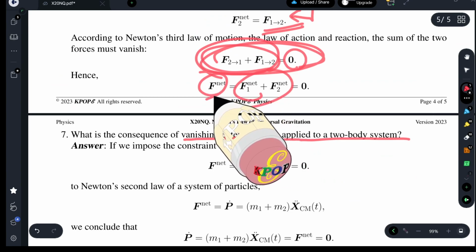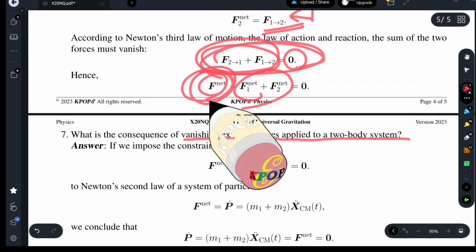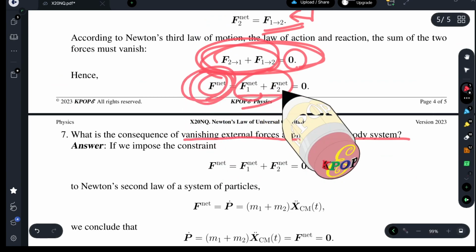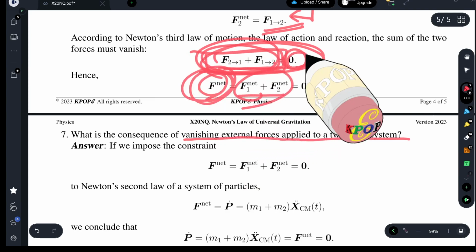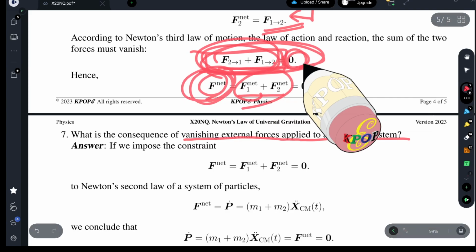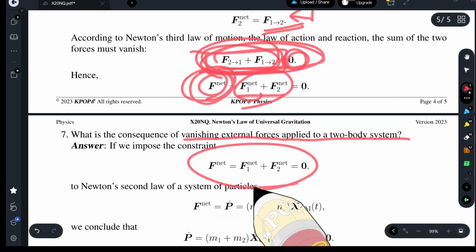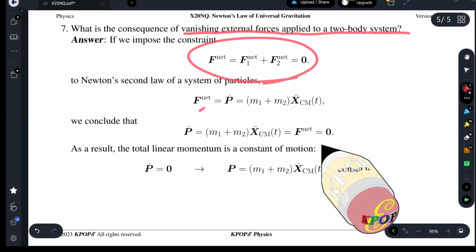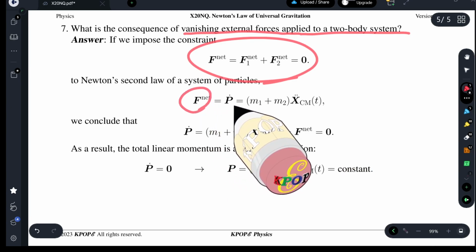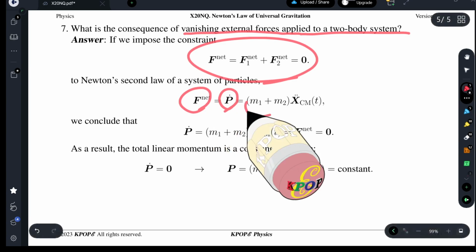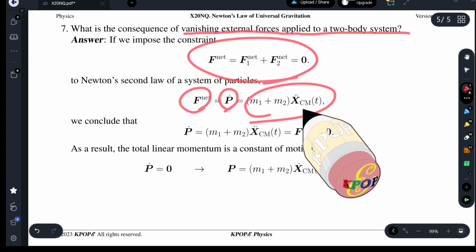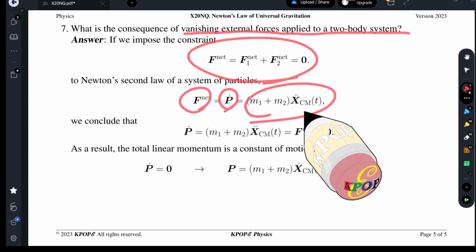Because the net force on the whole system is the same as the internal force sum that vanishes due to Newton's third law, we arrive at the point that if F net equals 0, the time derivative of the total linear momentum is 0, and that means the acceleration of the center of mass is also 0.